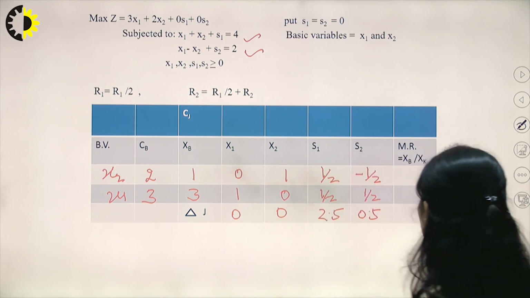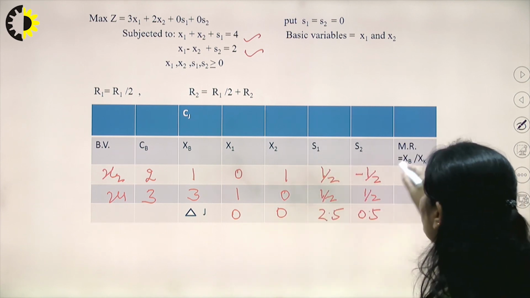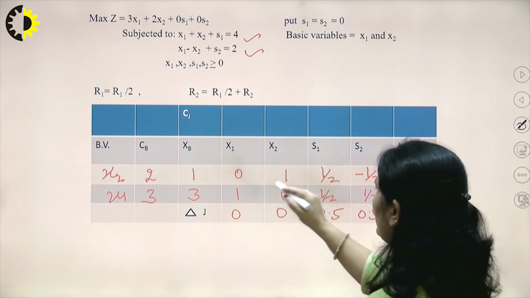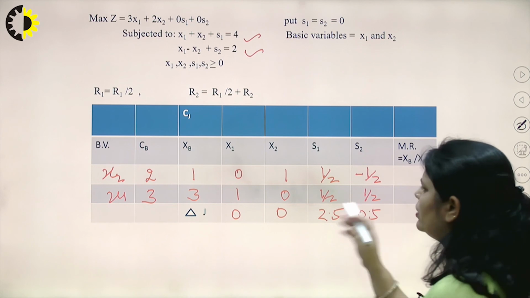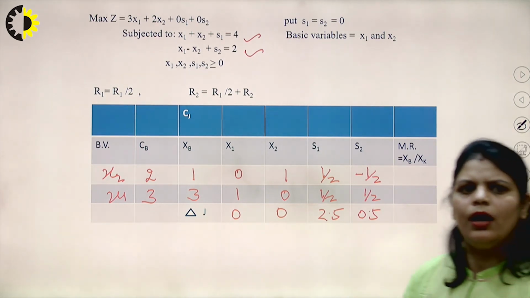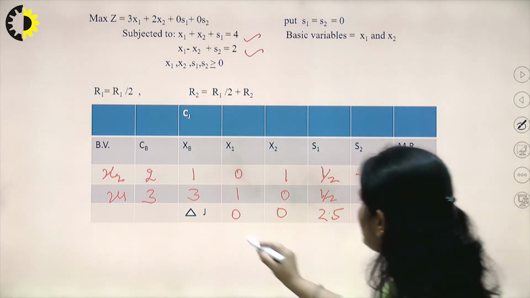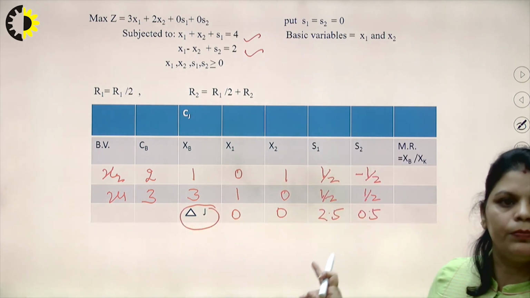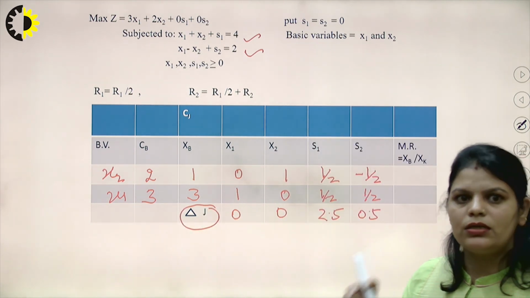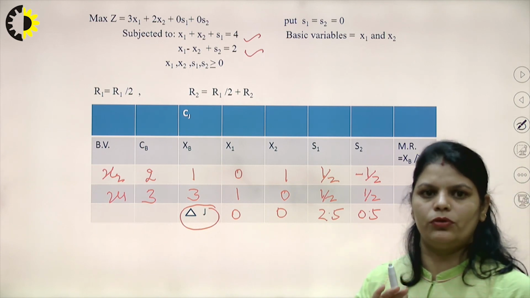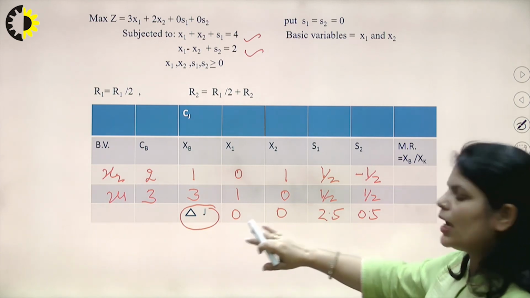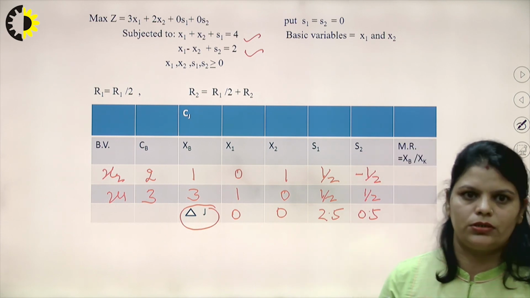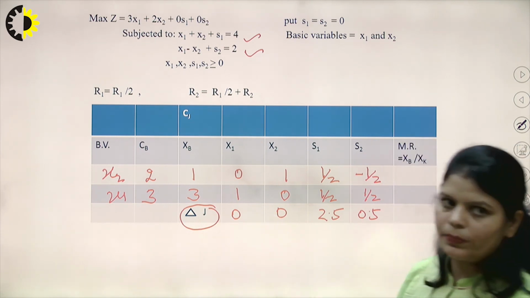Okay, and then we can find out the value of MR. MR will become XB divided by XK, but we need not find out the XK and key element here, because we can see all the values of delta J come out to be positive, means at this stage we will get the optimum solution. Clear? So we have to ensure that all values of delta J should be positive. So here we will get the optimum solution.